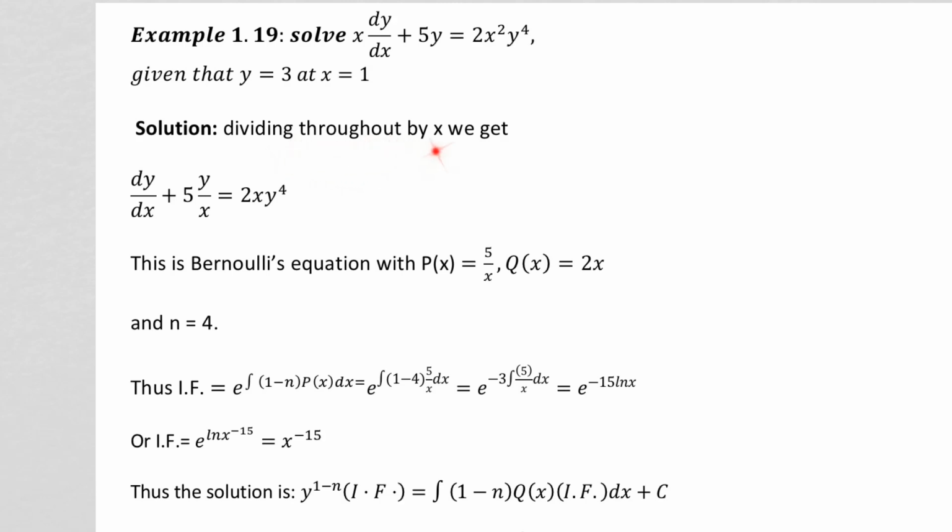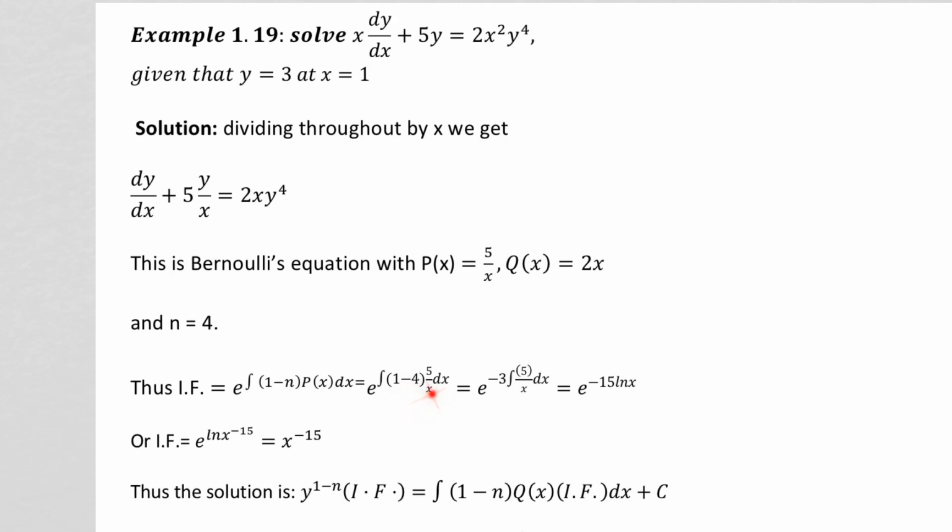We divide throughout by x and get dy by dx plus 5 into y by x is equal to 2x into y raised to the power 4. This is Bernoulli's equation with px equal to 5 by x, qx equal to 2x, and n equal to 4. Thus IF is equal to, as defined previously, e raised to the power integral of 1 minus n into px into dx.